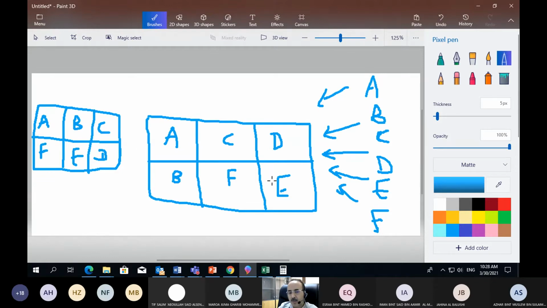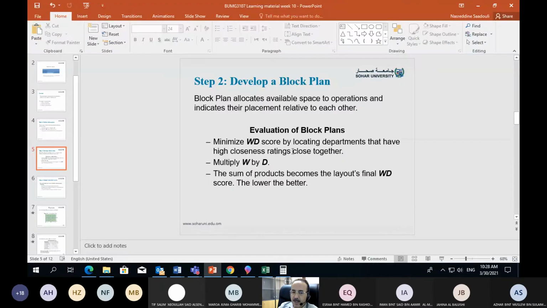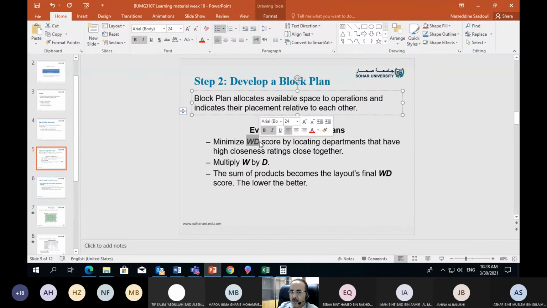How do I choose between these different block plans using the data that we have collected? Well, the answer is we need to look at the block plan that gives us the lowest total score, that is calculated as W times D, the weight multiplied by the distance.